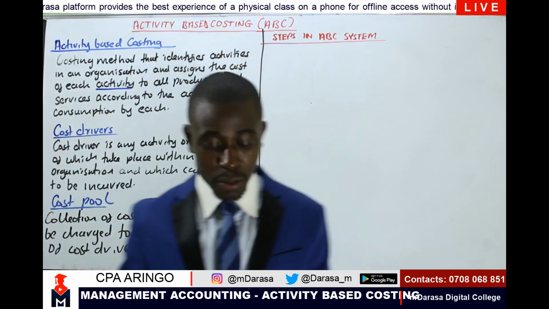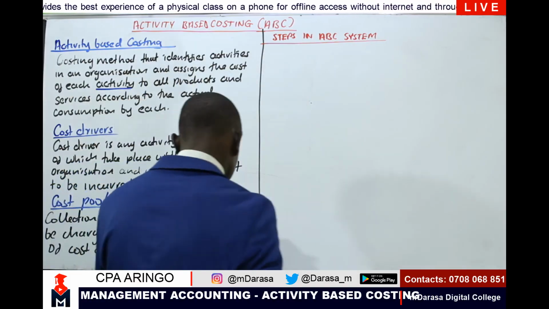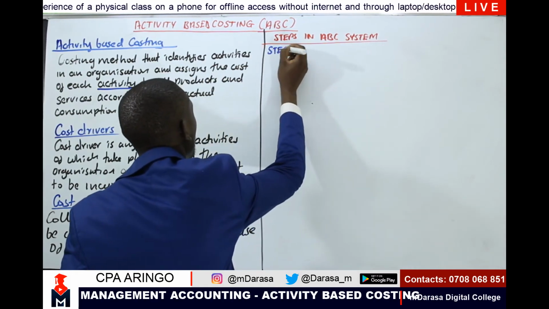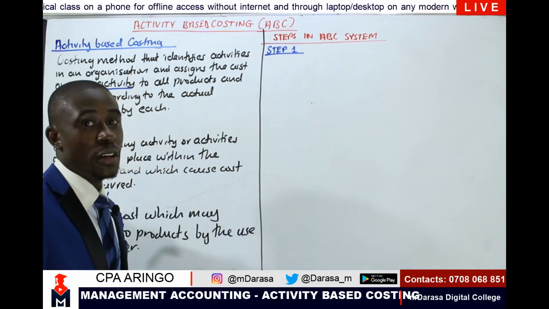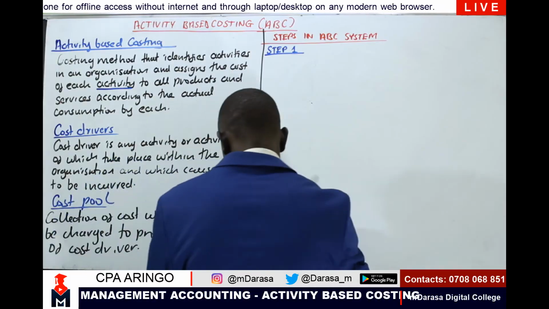So step number one, whenever we are talking of the ABC system. It will always be very key for us to identify the activities within the organization.